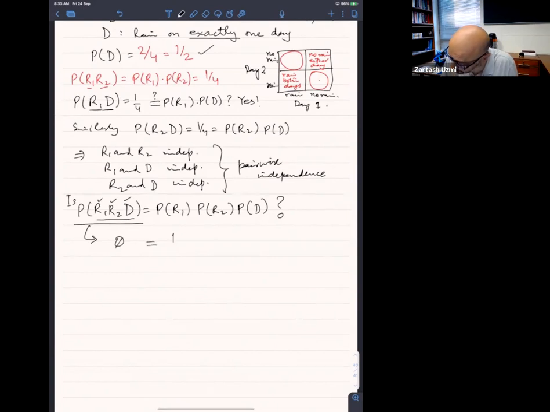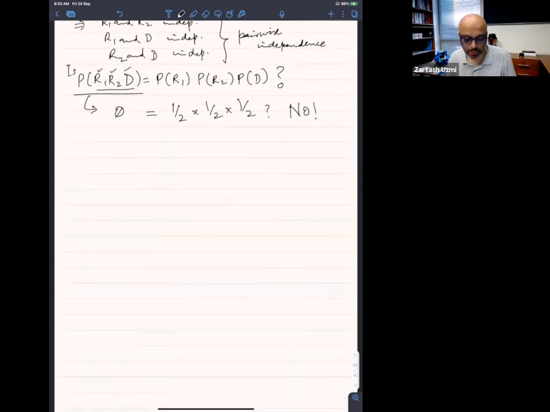So is 0 equal to 1 over 2 by 1 over 2 by 1 over 2? Of course not. So that means R1, R2, D, they are not independent, although they are pairwise independent.